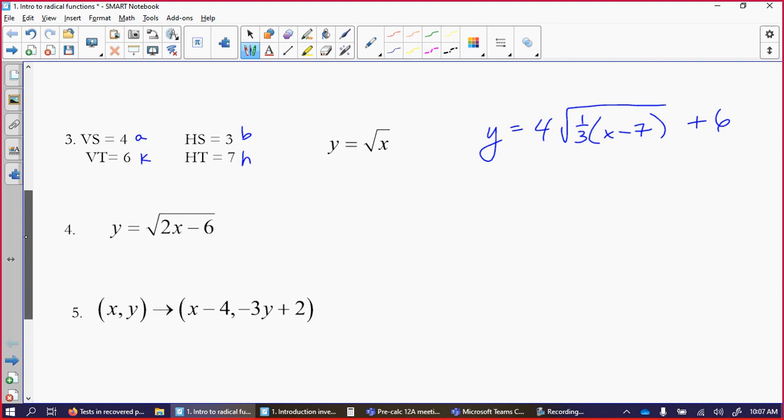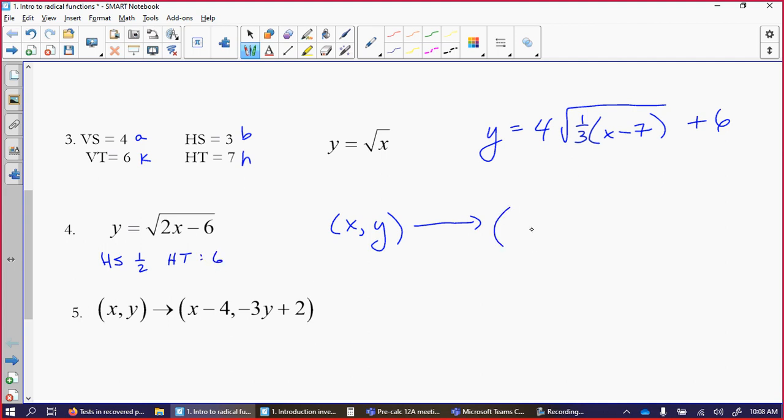Now can we make a mapping rule? Because the easiest way to do these is with a mapping rule. I'm going to list my transformations. Well, this has a horizontal stretch of a half, horizontal translation of 6.